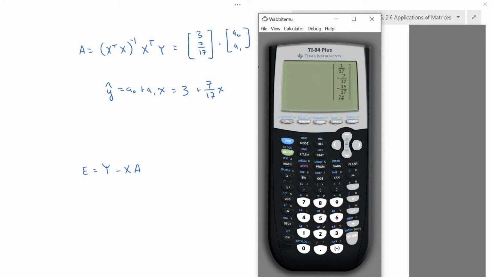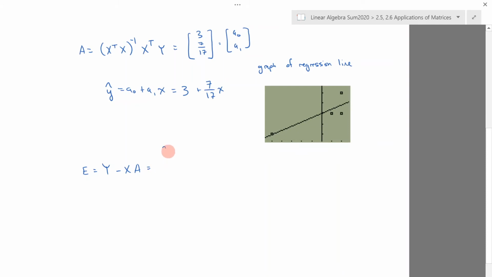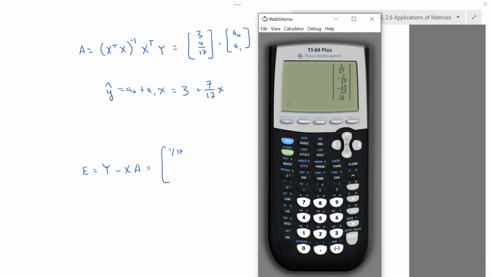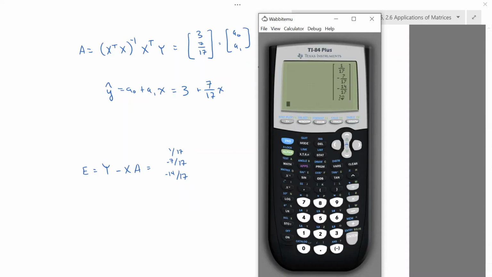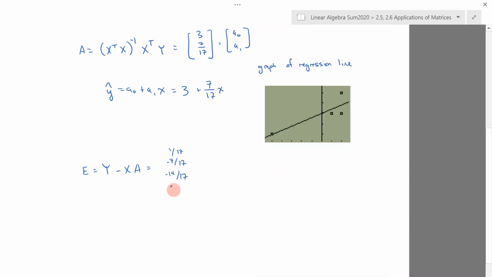So I get this as E: 1 over 17, then negative 7 over 17, then negative 14 over 17, then 20 over 17.